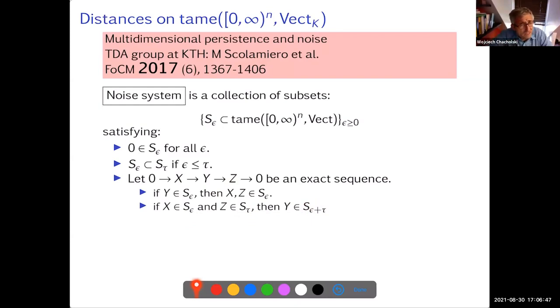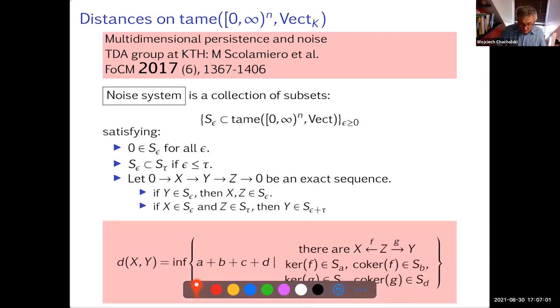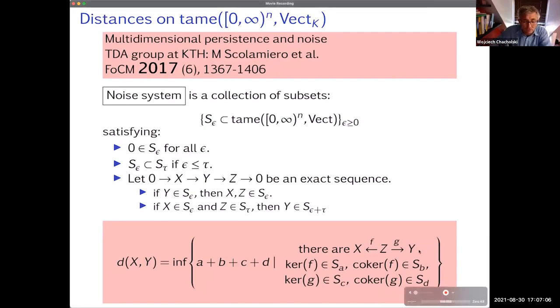Having such a norm, you can think of it as sort of a norm. There are standard ways of extending it to a distance for all tame parameterized vector spaces. Here is the usual one. You compare x and y not directly, but through a third object via various maps, and then you evaluate how big the kernels and co-kernels are, you sum them up, and you optimize.